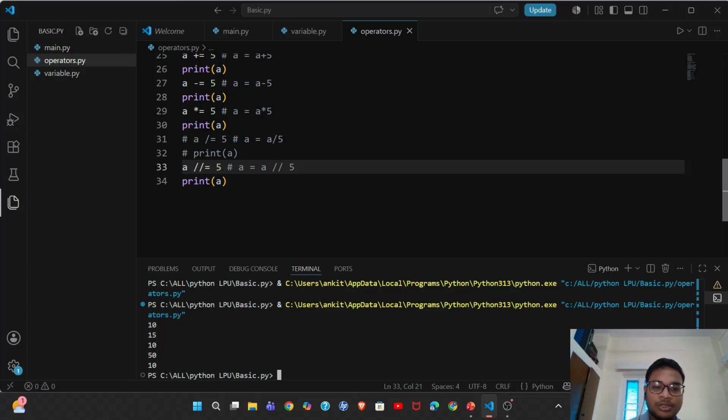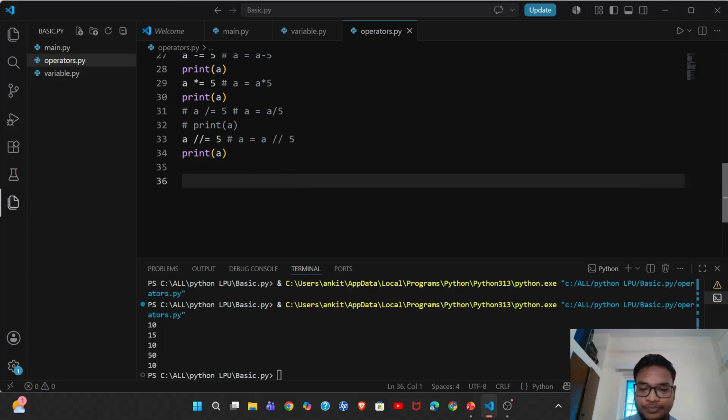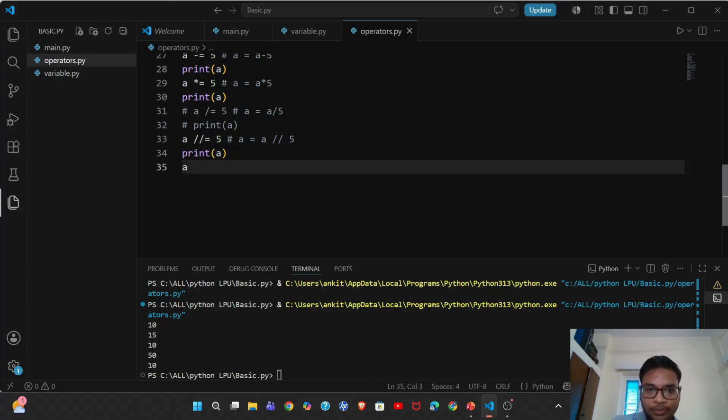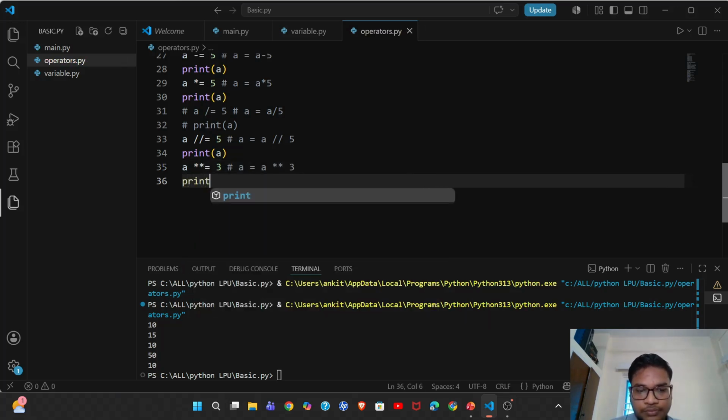Okay, so the next one is a equal to a power equal to 3. Now a equal to 10 and 10 to the power 3 equal to 1000. So what does it mean? It means a equal to a power 3, exponent. And now print a.